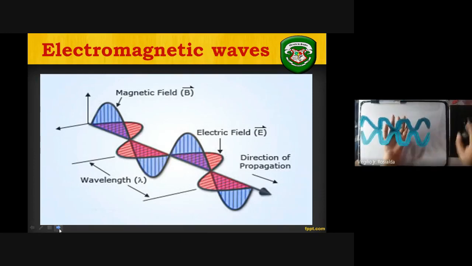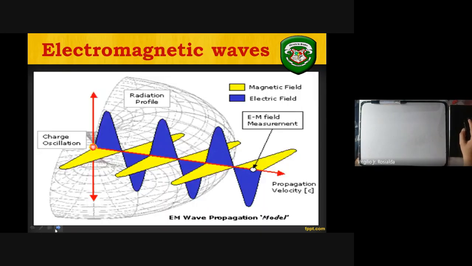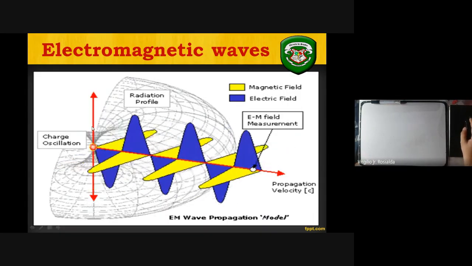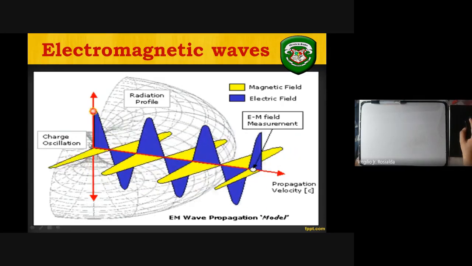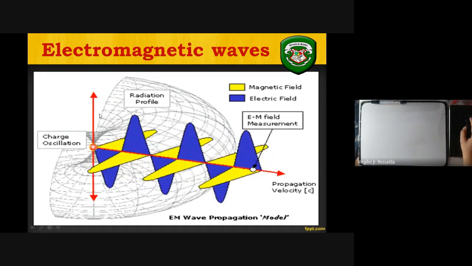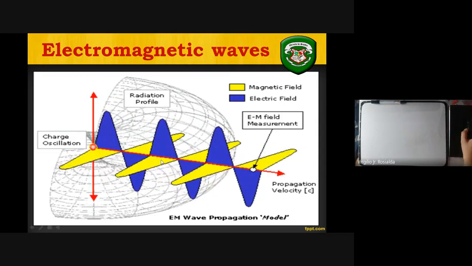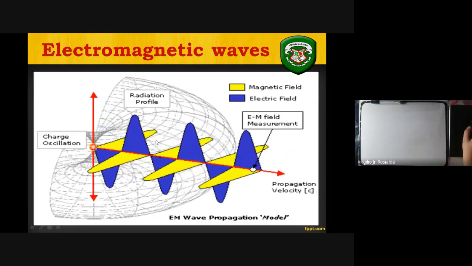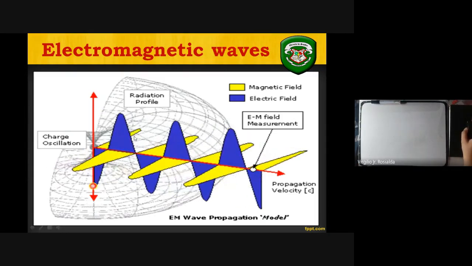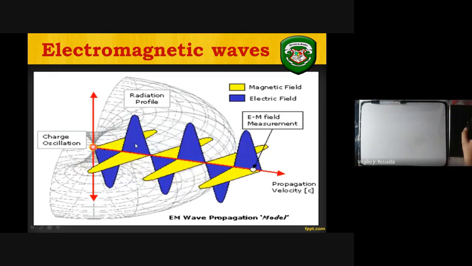To give you a more vivid illustration, sige, let's have another figure, this one. So, as the charge oscillates, ganito yung nangyayari sa charge natin. The charge is moving up, down, up, down. It forms both electric and magnetic field. The magnetic field is the yellow one and the electric field is the blue one. So, dito naman baligtad naman sila. Kahit naman magbaligtad tayo, it's fine.